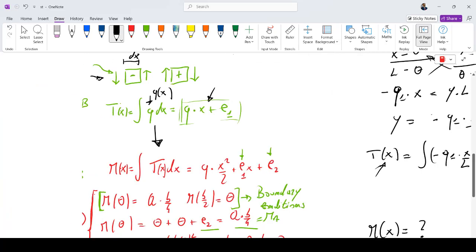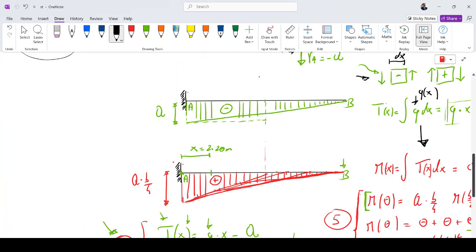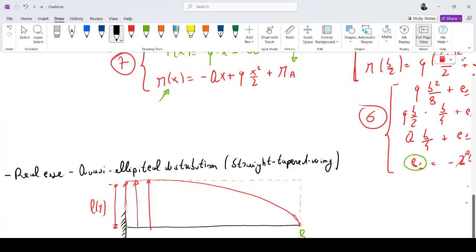Now let's move on to the focus of this video. We have explored some details of the calculus for this beam when the load is constant, and when the load is linear.